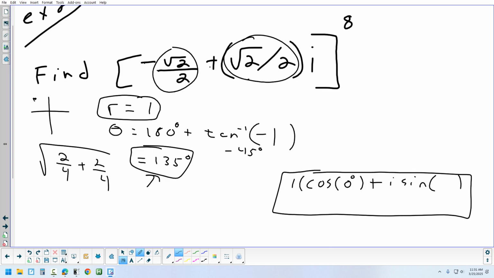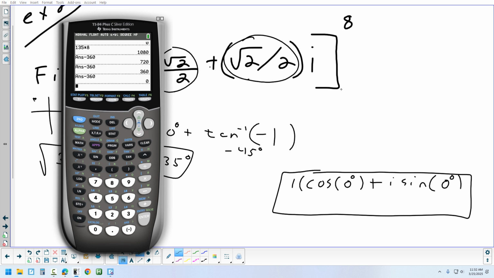Okay, so it's cosine 0 plus i sine 0 degrees. That is what you get if you raise this to the 8th power. And if they wanted that in standard form, you could multiply it out.